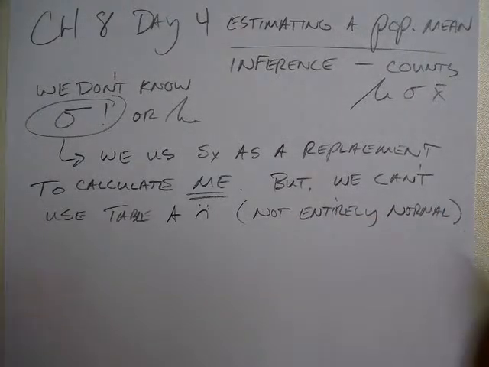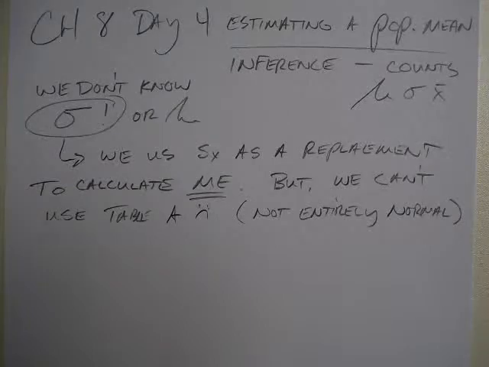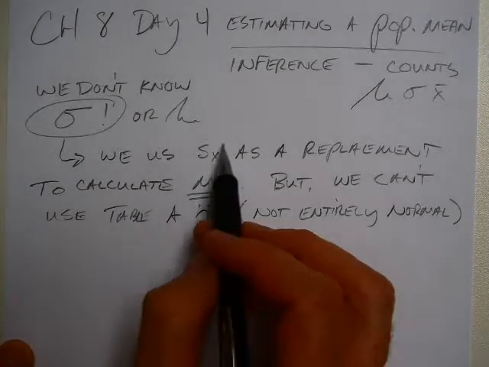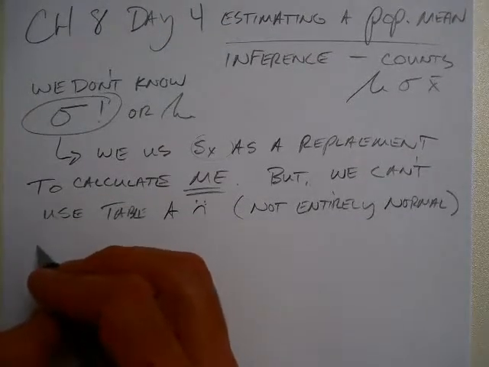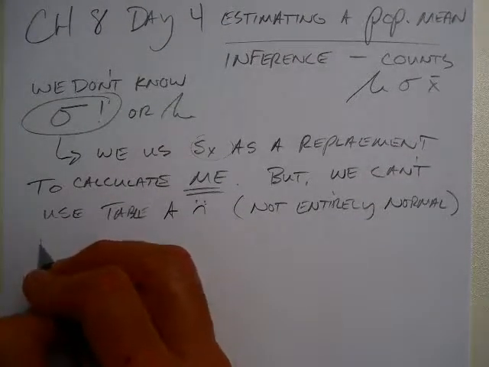For whatever reason, the values don't quite line up the same. My understanding of the history was they were using table A, but they kept noticing that their numbers weren't quite right. So somebody came up with this other table that does work. It's adjusted for the use of the standard deviation Sx. So we use the t distribution table.